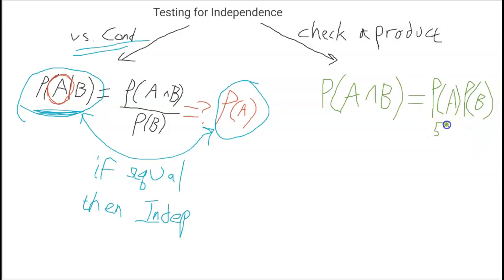About half women here times about 2% of the whole population is colorblind. That's 1%. On the other hand, we know that out of all people, much less than 1% is colorblind.